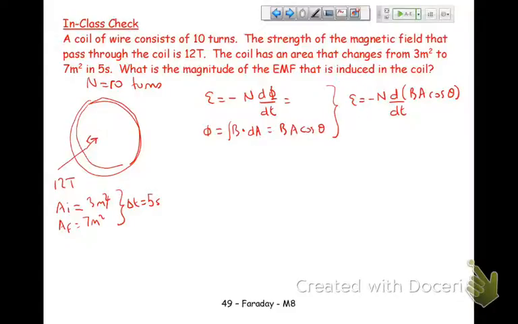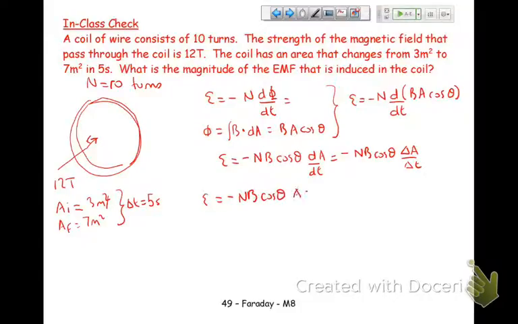Hold on, in this case my B is constant, so let's bring that out, and my cosine theta is constant, so let's bring that out. So I have d by dt of A, which equals minus N B cosine theta delta A by delta t, because it's nice and steadily changing, which is minus N B cosine theta times A final minus A initial over delta t.